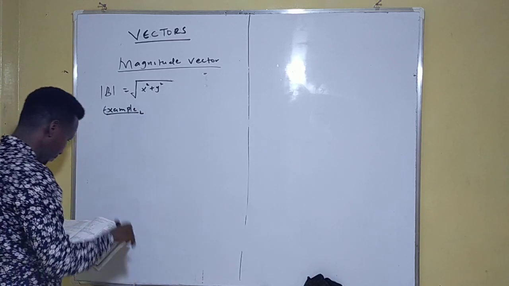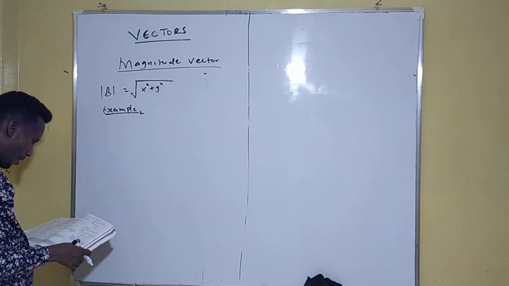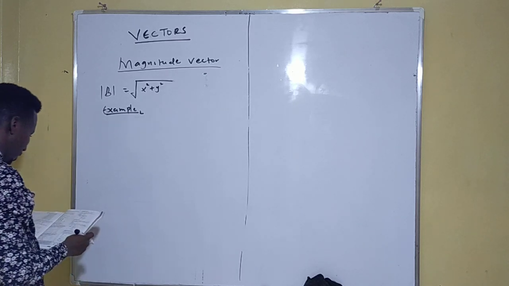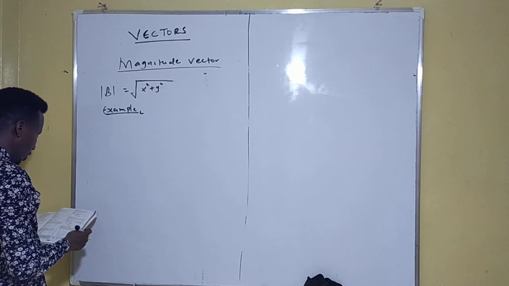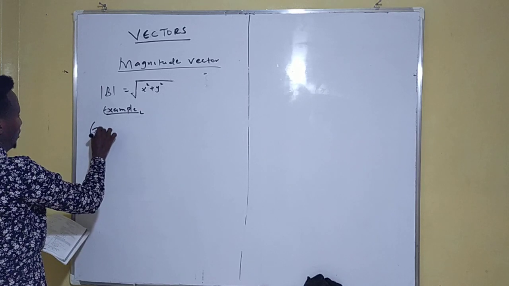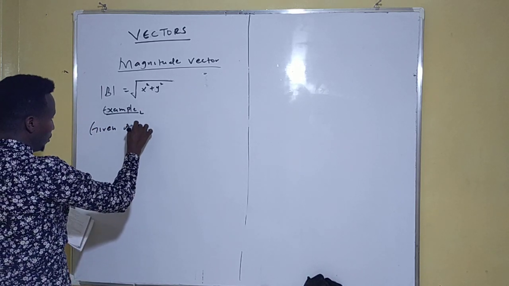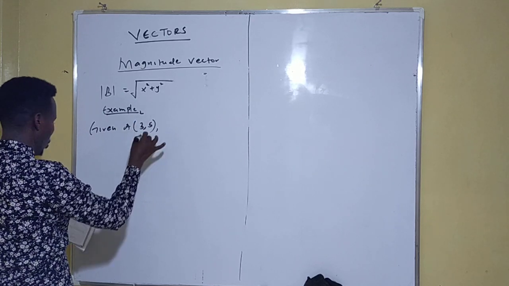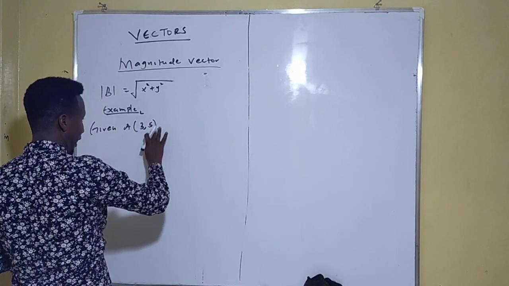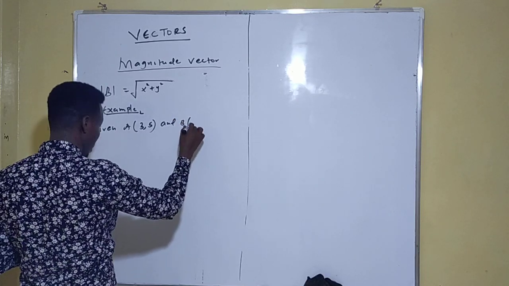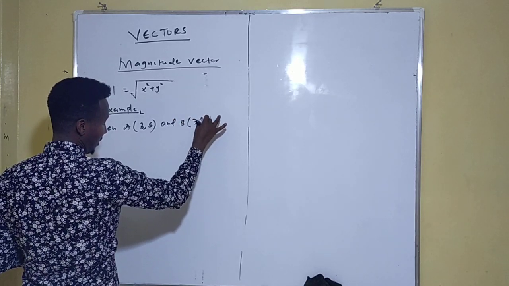You're told given A (3, 5) and B (7, 11).